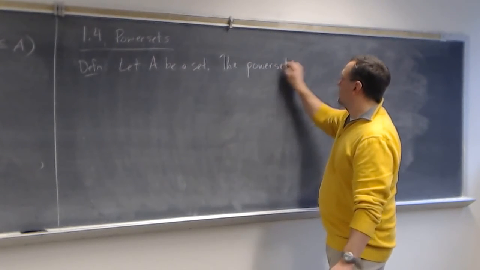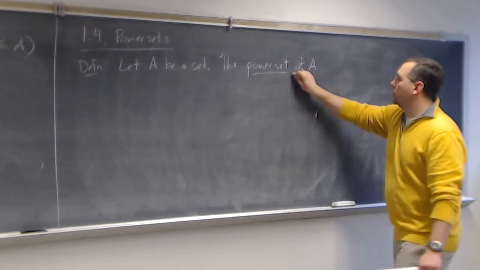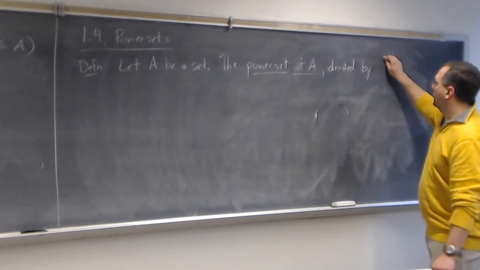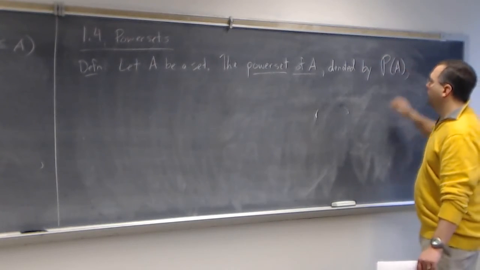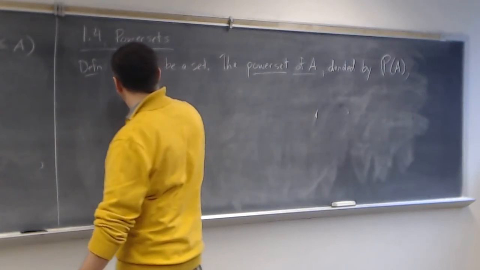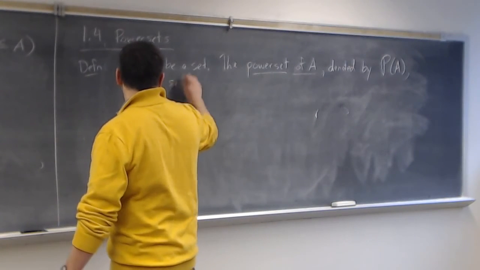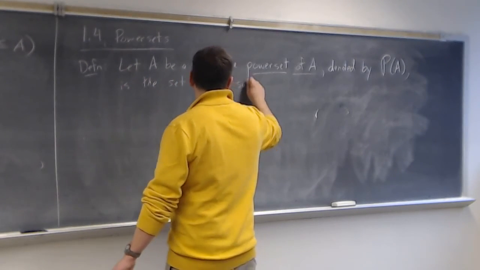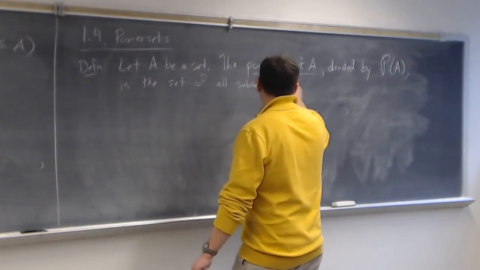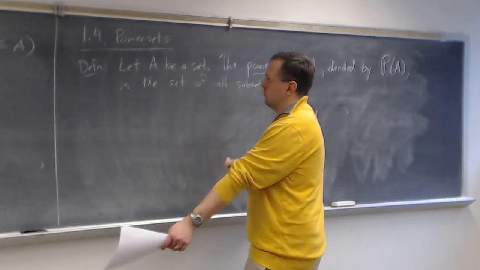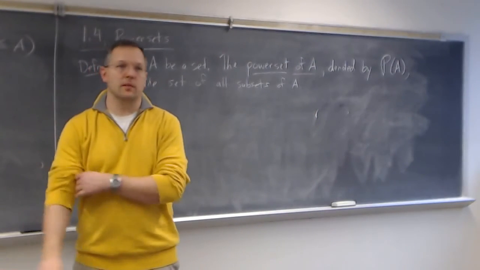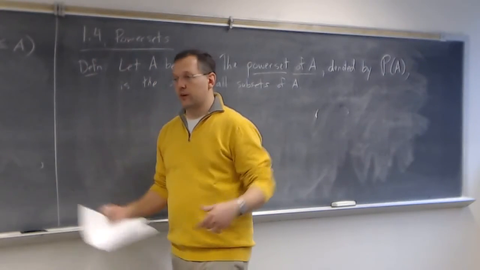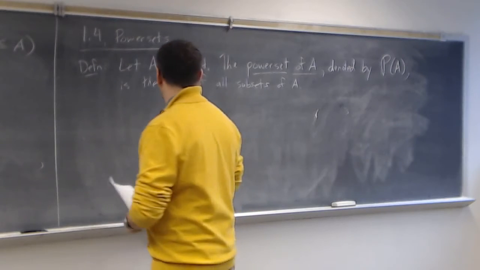The power set of A, denoted by this cursive P of A, is the set of all subsets of A. I'm already seeing one example. Take a set, you can figure out all the subsets of it, put braces around them, now you have the power set of A.